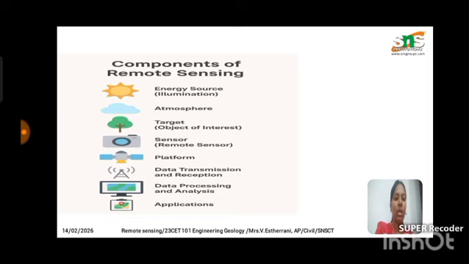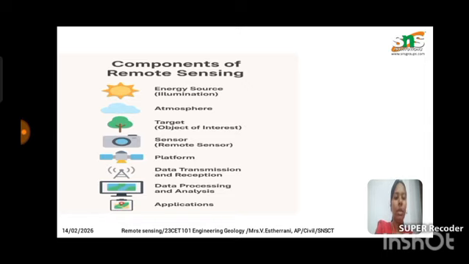Next one is the platform. Platform is nothing but the satellite. The sensor will be placed inside the platform, the satellite, so that the sensor captures the information of the objects without physical contact with the surface or the target area.